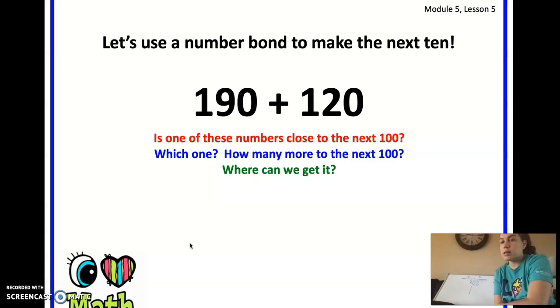Good. 190 is close to 200. So how many more do we need to get from 190 to 200? Good, 10 more. And where can we get that 10 from? So we can borrow it or take it from our 120.